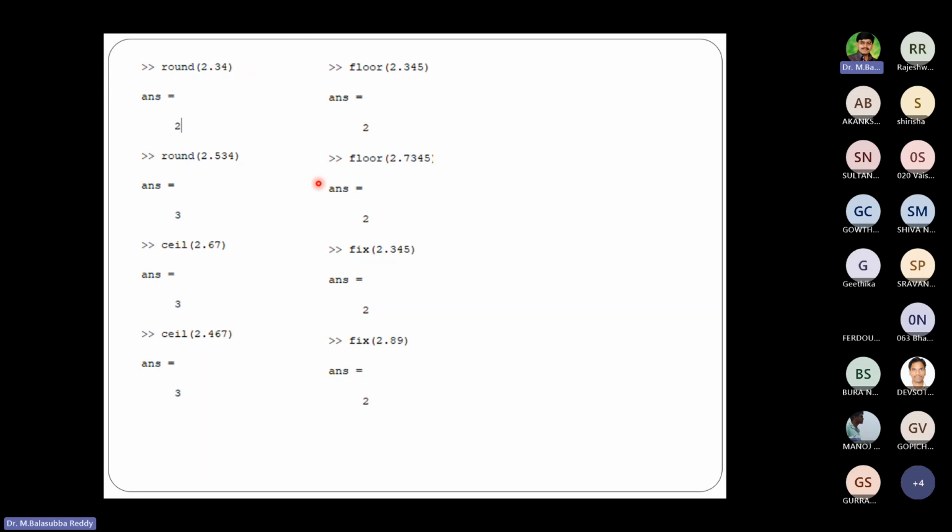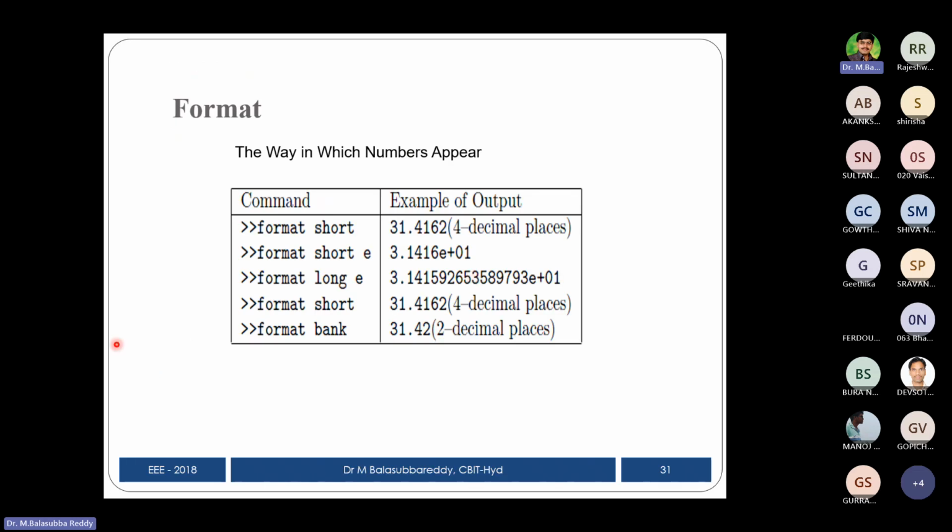You have to use either floor or ceil, or if you don't want anything modified, you can use the variable directly. And here you can also see fix: 2.3 or 2.8, both will be lower side also. But the digits we can fix based on the format. You can see that, format short.